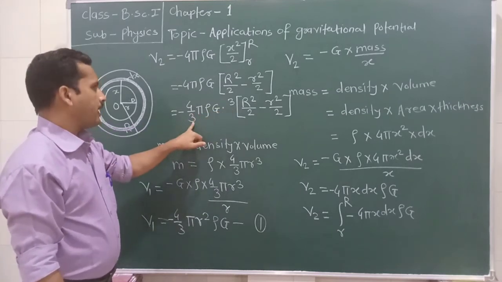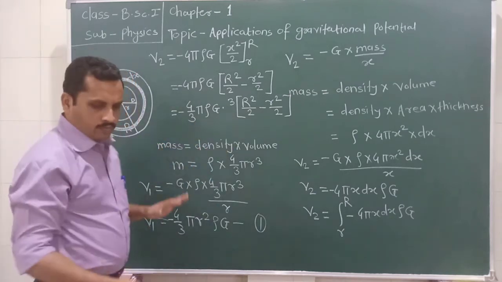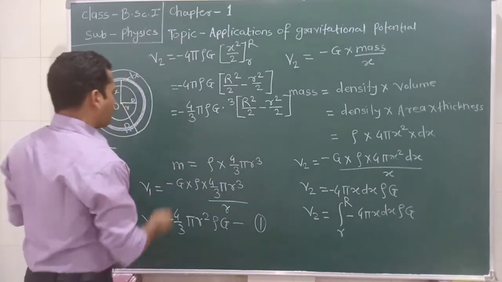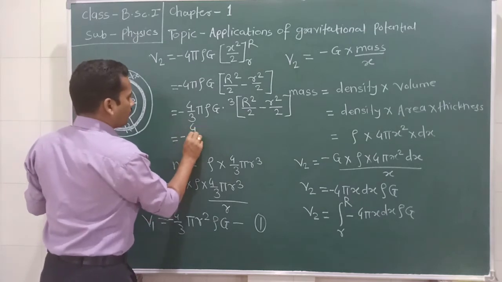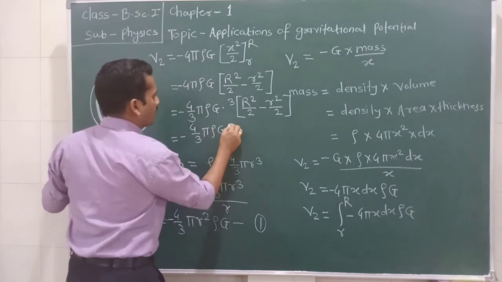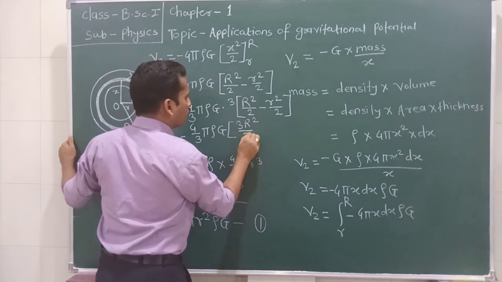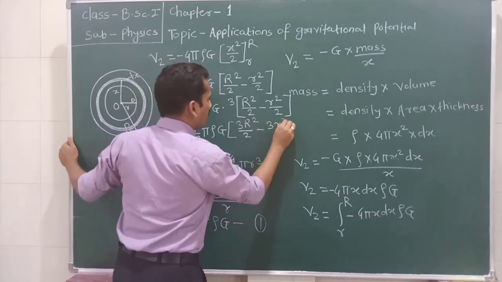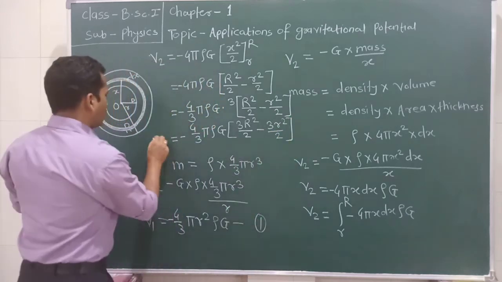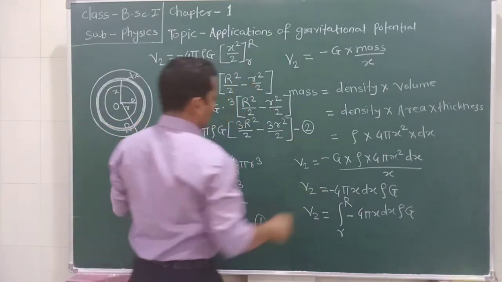So we multiply and divide by 3, so there is no difference in the equation. Now we can write it as minus 4 by 3 pi rho g into 3 R square by 2 minus 3 r square divided by 2. So this is V2. This is equation number 2.